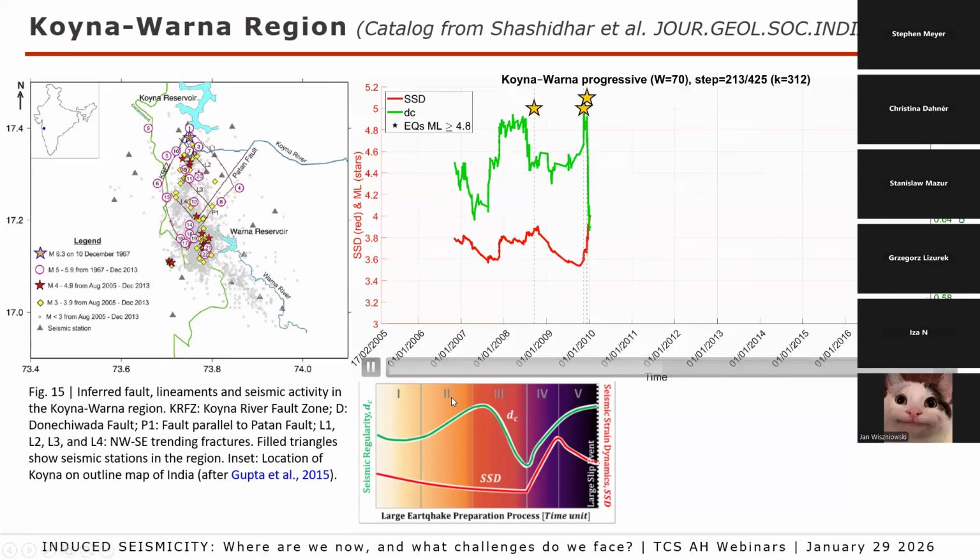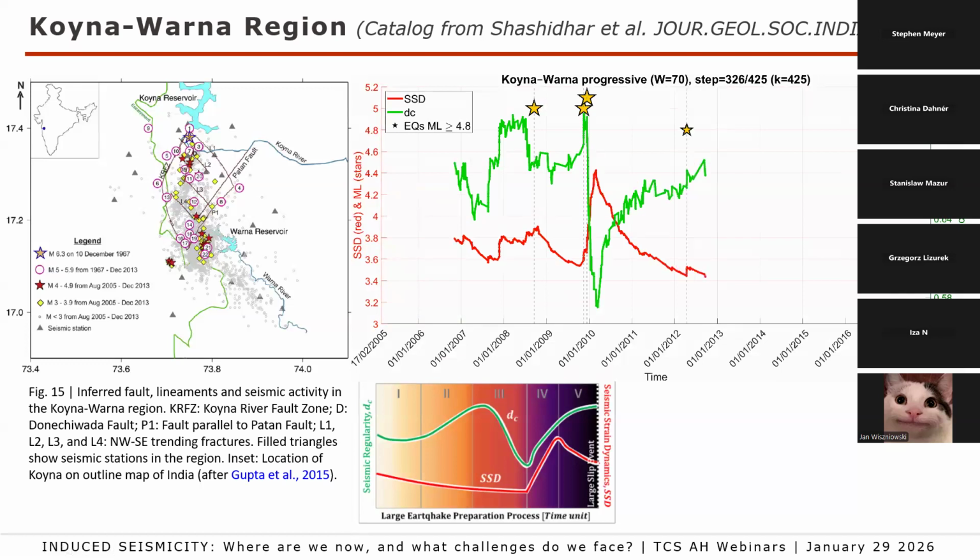And when we see a very deep DC, we can recognize that we are at the beginning of one of the last damage stages. And here is a very interesting situation, because when you look at the model, we can see that the whole period here mimics the model behavior of DC.